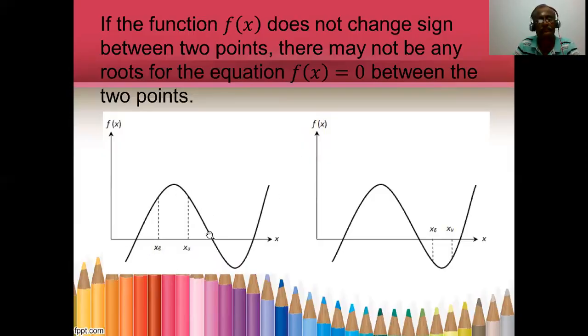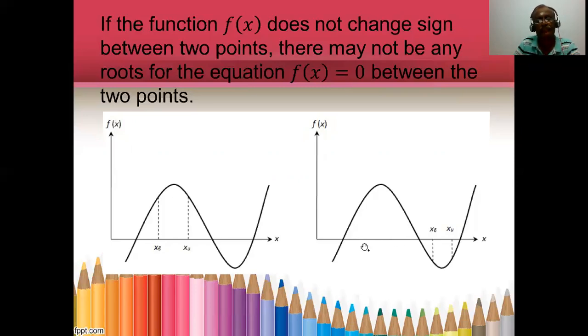For this, consider an example in which it changes from negative to positive. It crosses the x-axis here. So this is the exact root. So between this origin and xl, there is a root. Similarly, between xu and this point, there is another root.